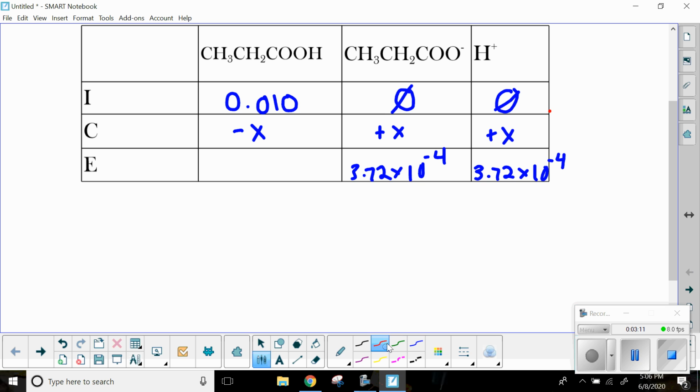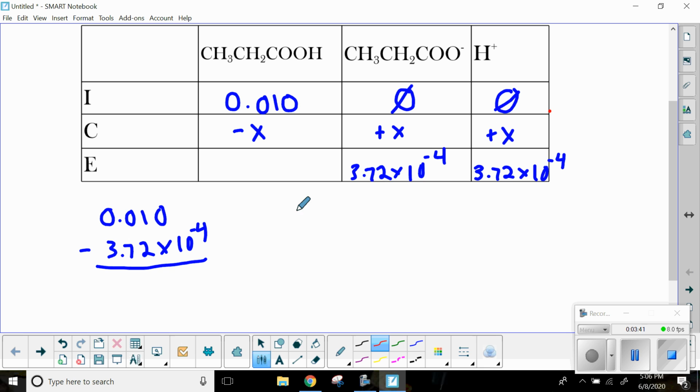So now I'm ready to figure out my equilibrium concentration of propanoic acid. So I can say 0.010 minus the 3.72 times 10 to the negative fourth. And I'm going to type that into my calculator, 0.010 minus 3.72 times 10 to the negative fourth.